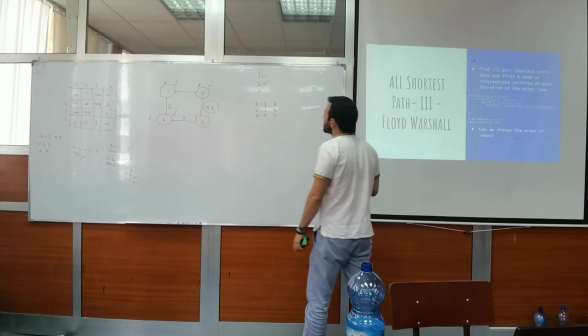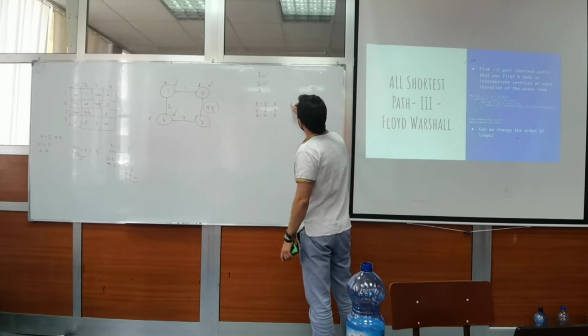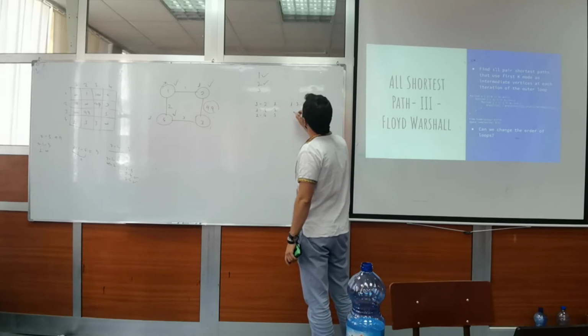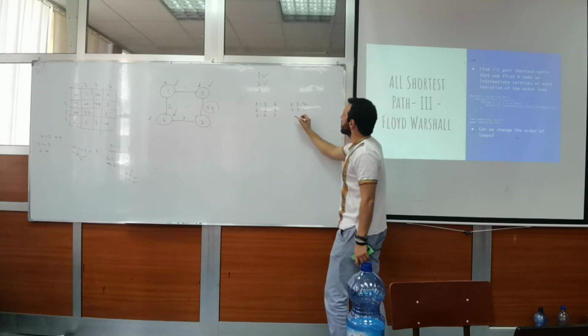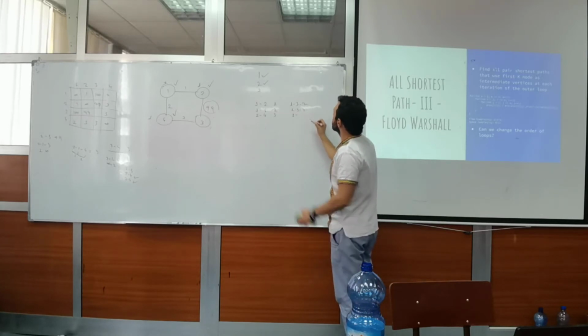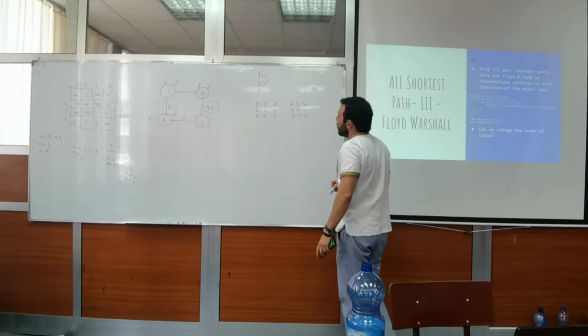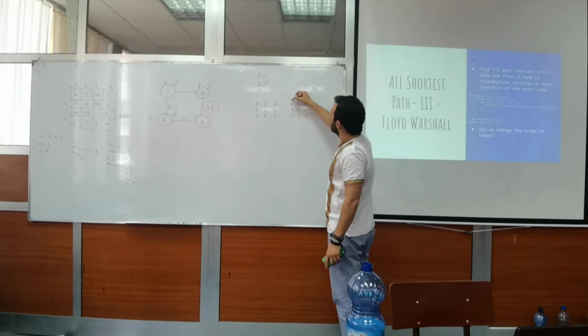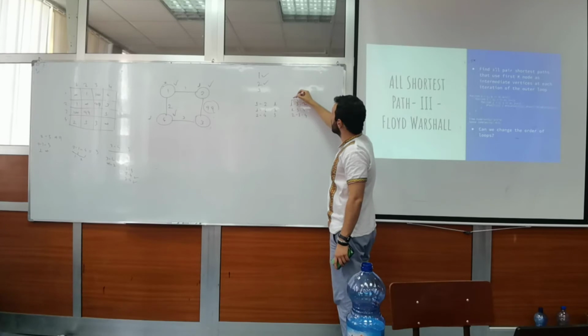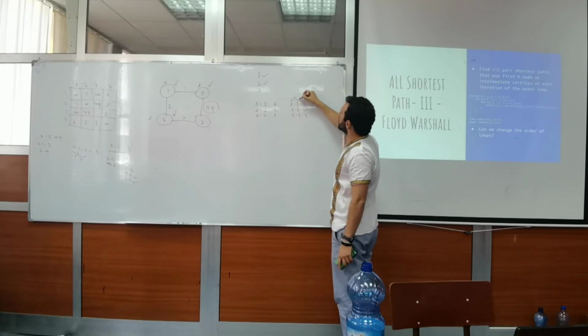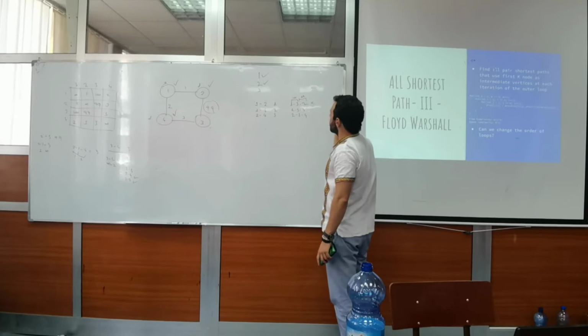So we are trying to beat these by 1 3 2, 1 3 4, and 2 3 4. What is 1 3? 100. What is 3 2? 99. So this couldn't beat, no updates.